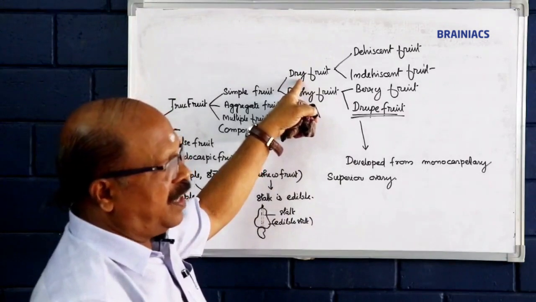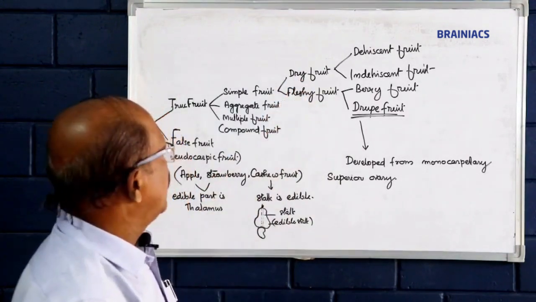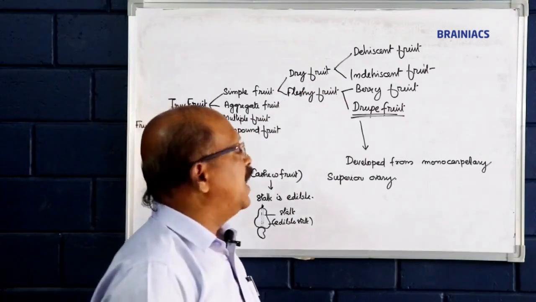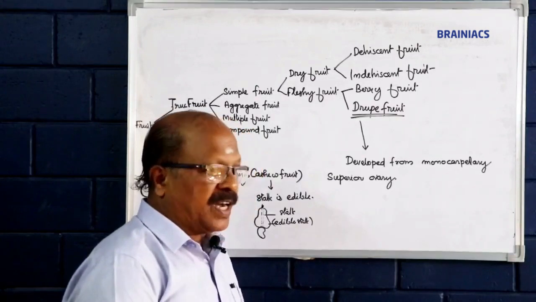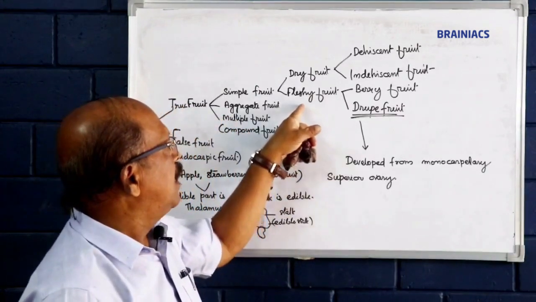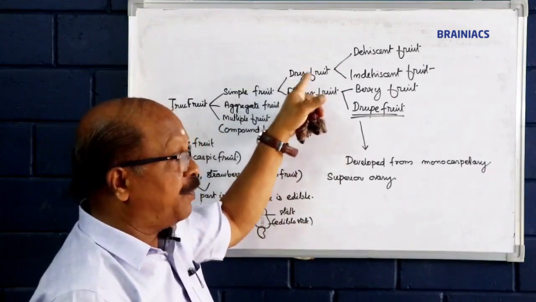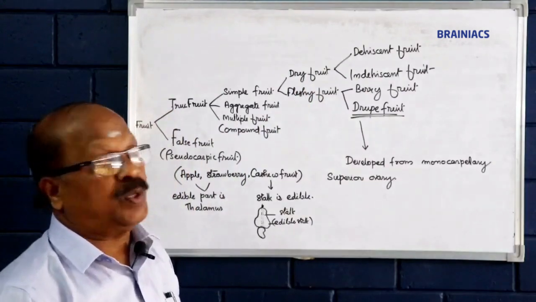Based on the nature of the pericarp or fruit wall, the simple fruit is divisible into dry fruit and fleshy fruits. In dry fruit, the pericarp becomes dry when the fruit attains maturity, and in fleshy fruit it becomes fleshy when the fruit attains maturity.